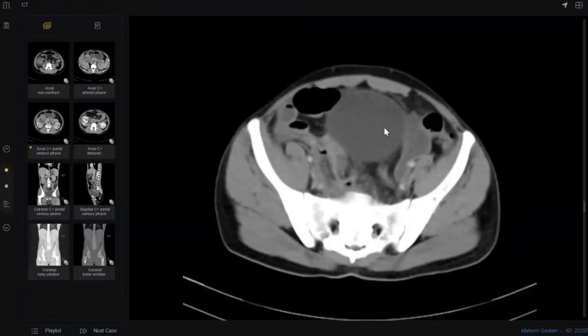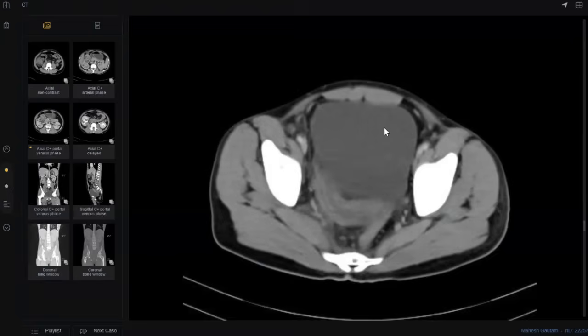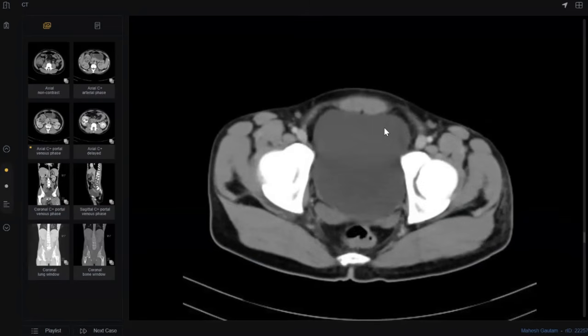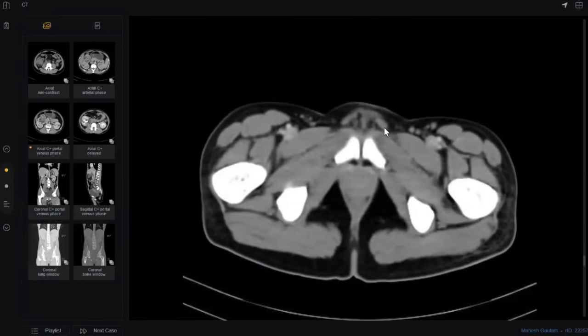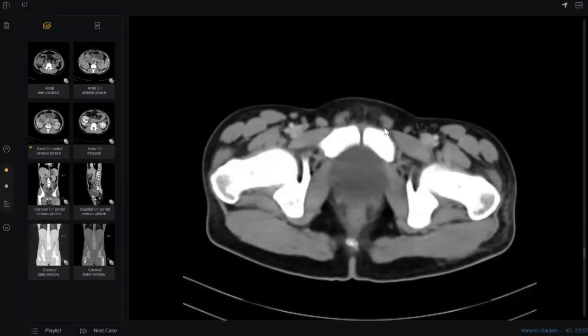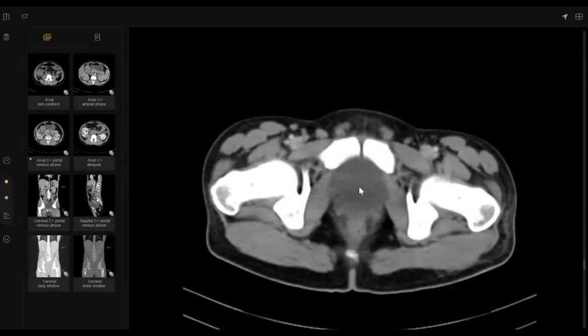Coming down, I just want to have a look at the calcific density focus which I noted in the lower abdomen. May I have a look at that focus? I would just want to confirm whether it is in the appendix. I'm really concerned about that, if it is a cause of pain.